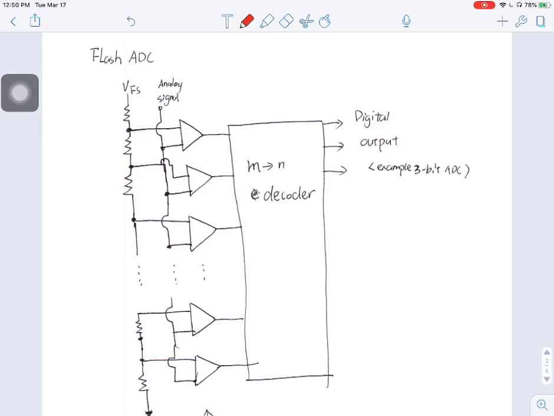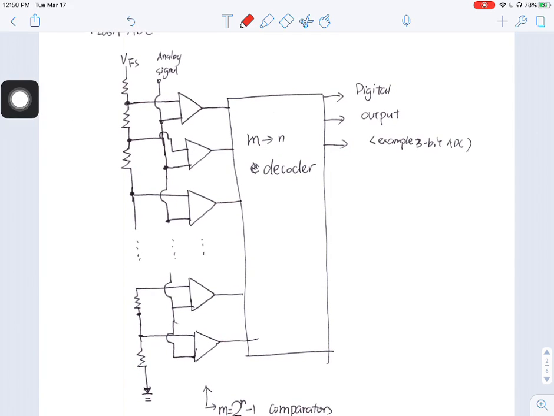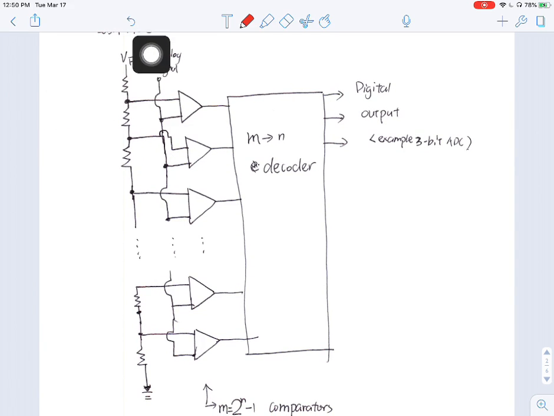I want you to look at the left side first. On the top here, we have VFS, the full scale voltage of this analog signal. Let's say that is 3 volt. And on the bottom here is ground. Does this look familiar to you?